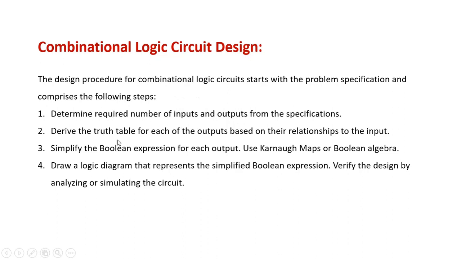Then, according to those inputs and outputs, you derive the truth table for each output based on its input relationship. In the problem specification, it will be defined what the relationship between input and output is. So accordingly, you first determine the number of inputs and outputs and then make the truth table.